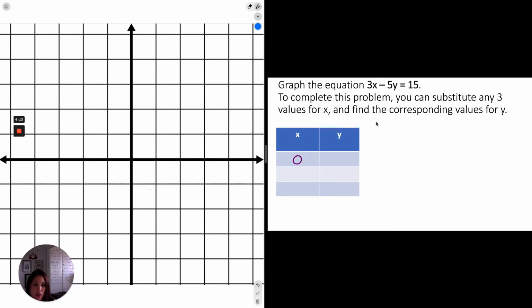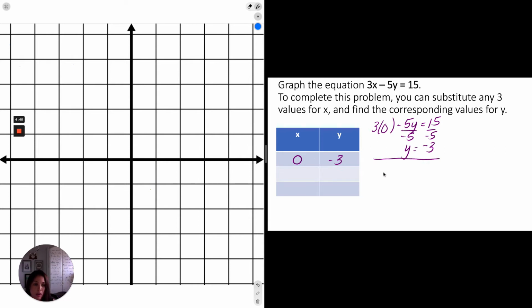If x is 0, then we have -5y equals 15. We divide both sides by -5, and our y coordinate is going to be -3. So when x is 0, y is going to be -3.